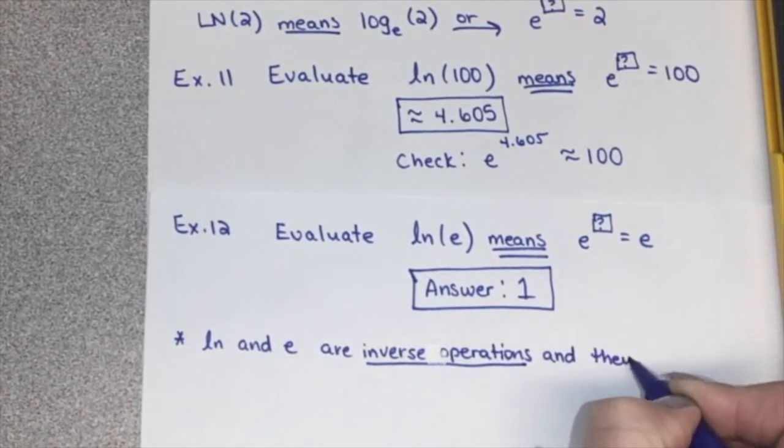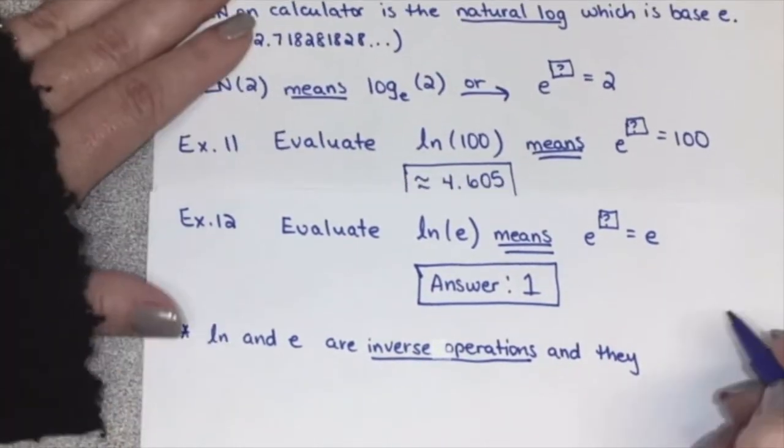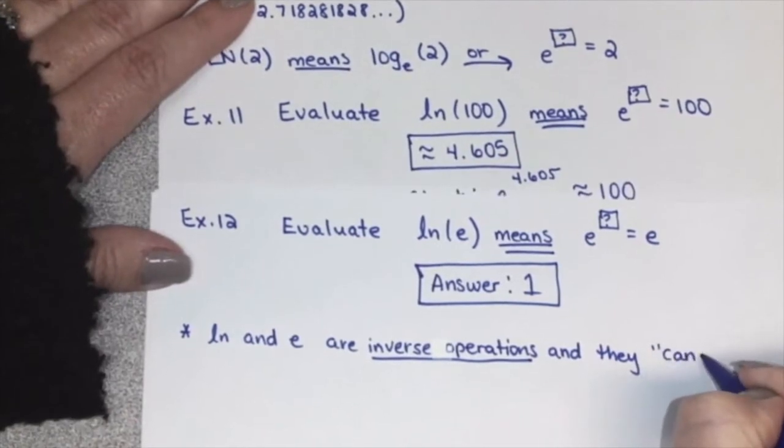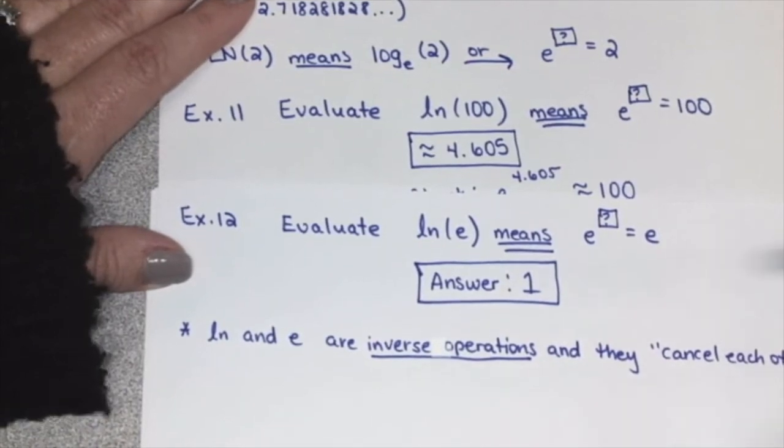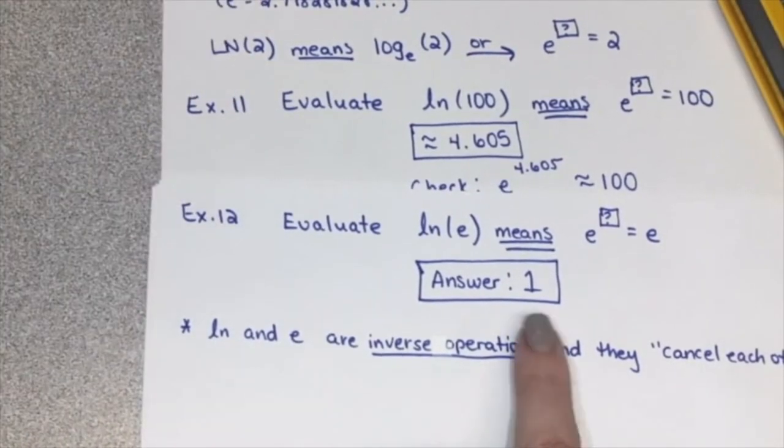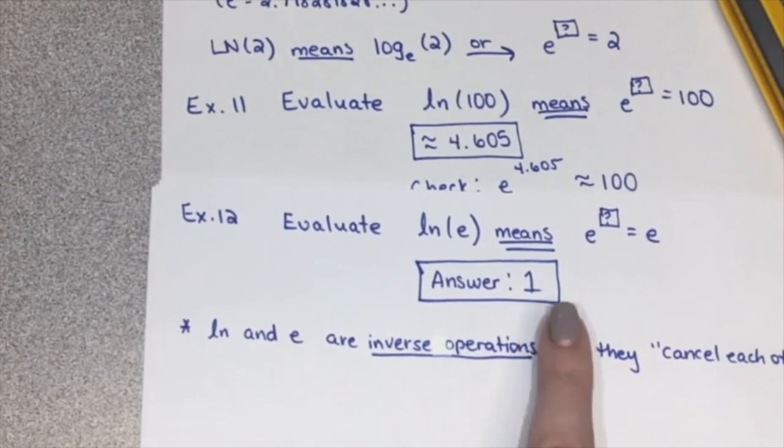And basically, they "cancel" each other out. I'm putting this in quotations because essentially they really don't cancel each other out. They just leave an answer of 1. And 1 times something doesn't do anything to it. So essentially they really do cancel each other out.